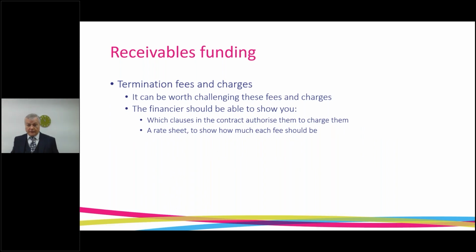Now, I would just say that it can be worth challenging those fees and charges. The financier should be able to show you a reconciliation of the charges against the contract to show which clauses authorize them to charge those particular fees, and they should be able to show you a rate sheet to show contractually how much they are entitled to charge for each fee.